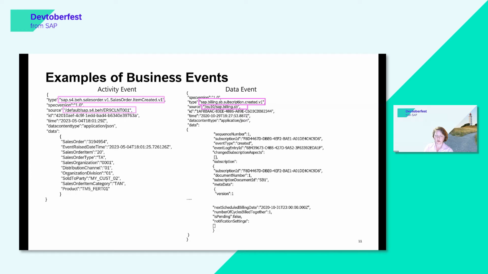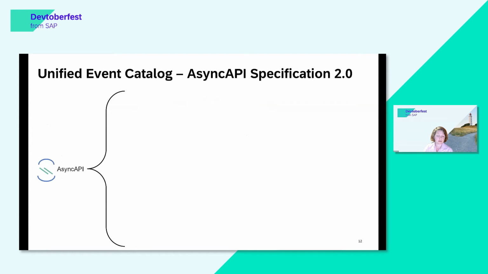So while the standard outlines the structure of the business event, each application identifies different occurrences during the life cycle of a business object as noteworthy and significant. Typically, an event is triggered at a specific point in the life cycle or state change of a business object. To simplify the process for potential receivers to build event consumers, we utilize a second open standard describing the metadata, which is called Async API.